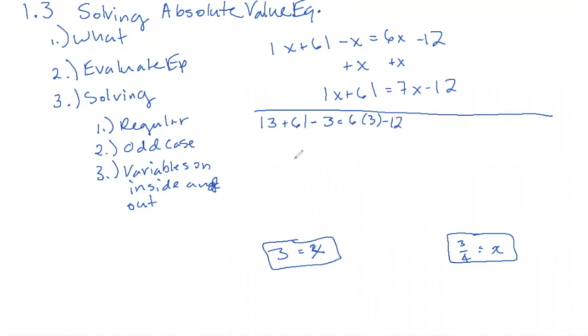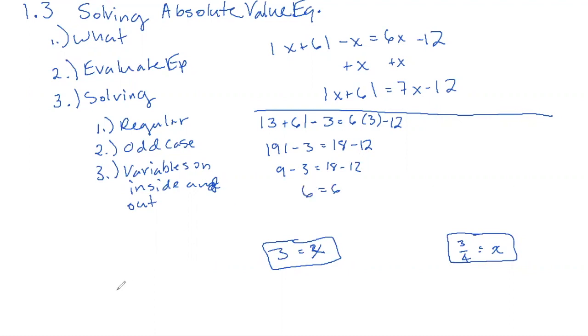Once again, I'm just taking this answer and putting it back into the original equation. So we've got the absolute value of 9 minus 3 equals 3 times 6 is 18 minus 12. The absolute value of 9 is just 9, minus 3 equals 18 minus 12. 18 minus 12 is 6. 9 minus 3 is 6.